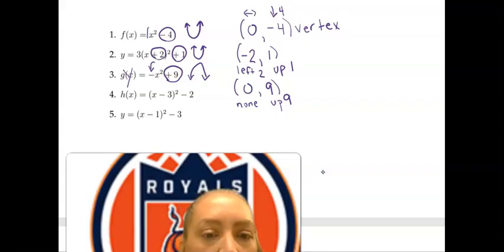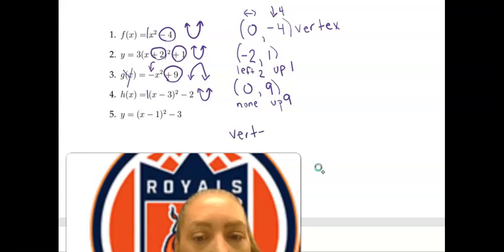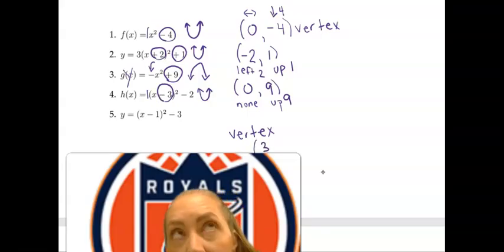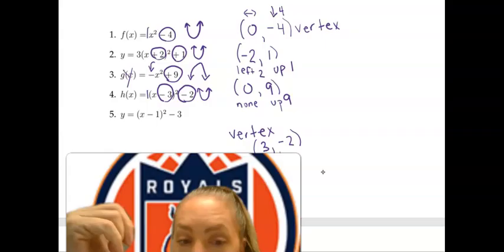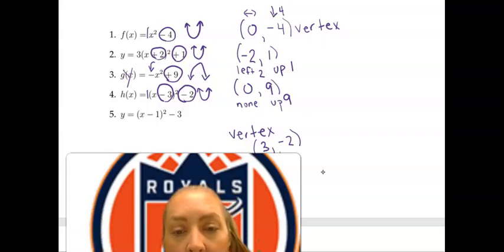All right, example number 4. Well, the number in front is positive, so I know that's going to open up. And so the vertex, we're going to use the opposite number, so positive 3, and since that's x, positives go to the right. And the y value is the same, so we'll keep that at negative 2, and y goes up and down, and so we're looking at down 2.